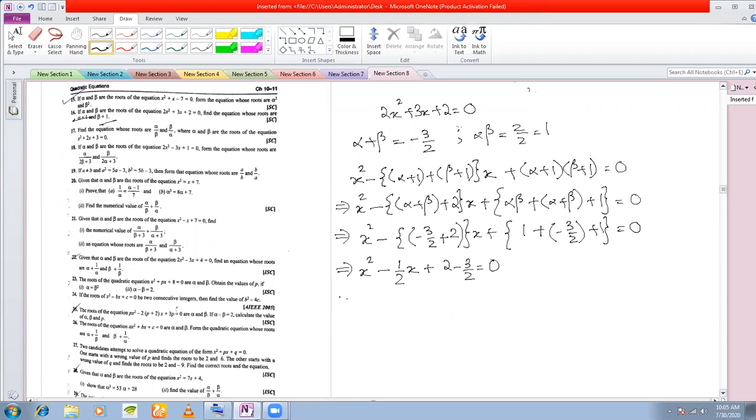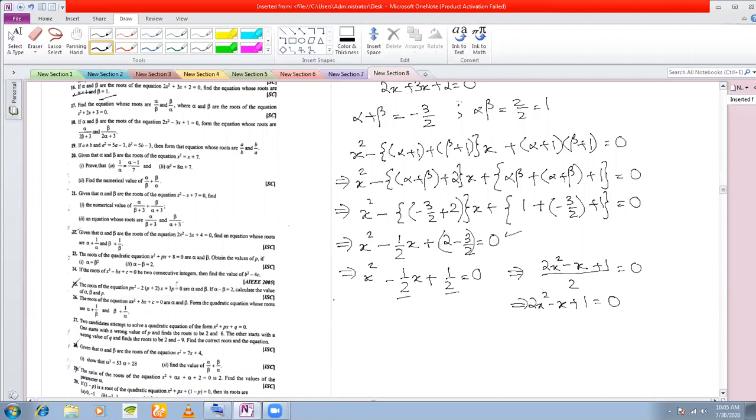So this becomes x square minus half x plus half equal to 0. Now again you take the LCM, you get 2x square minus x plus 1 equal to 0. That means 2x square minus x plus 1 equal to 0 is the required equation. I had got the answer in the previous step itself, but I have just removed the fractional coefficients. That is what I have done.